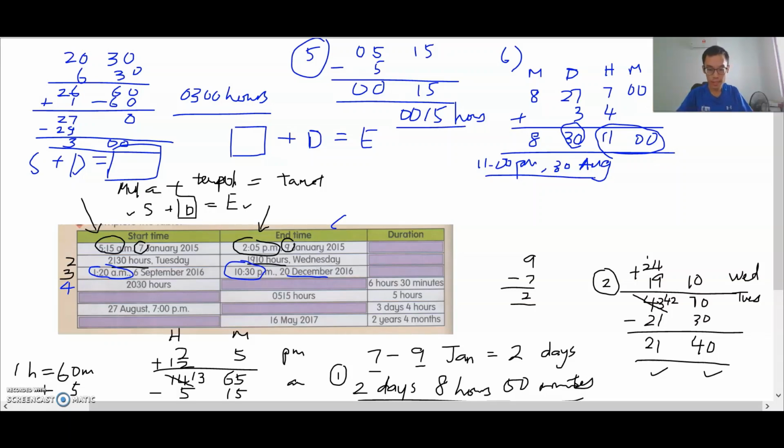Okay, number 7. You are given end time and duration. So you need to find the starting time. So end time minus duration. So you can write year, month, day.